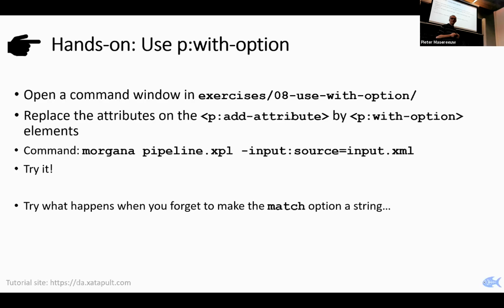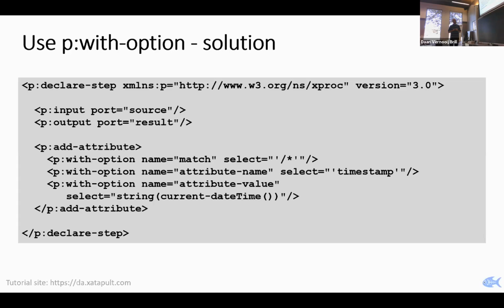And we get a question, why would I want to do this with the p with option? Is it complicated? Right. The question is, why would you want to anyway want to use p with option? I'm getting to that. Actually, it's this.